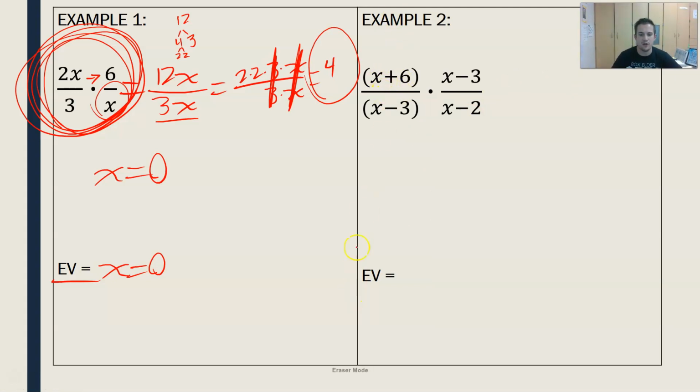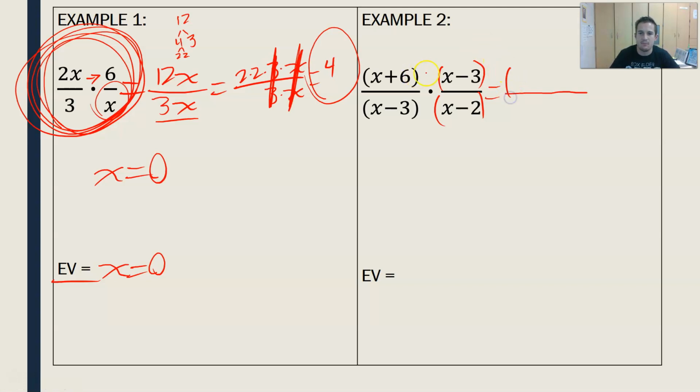This one I have full-on expressions here. So I have x plus 6 over x minus 3 times x minus 3 divided by x minus 2. So notice when I multiply these, I'm going to treat everything in the top and bottom of these fractions as its own entity, as its own factor, as we have called them in the past, right?